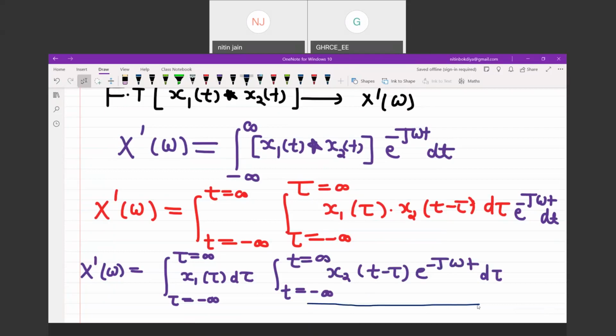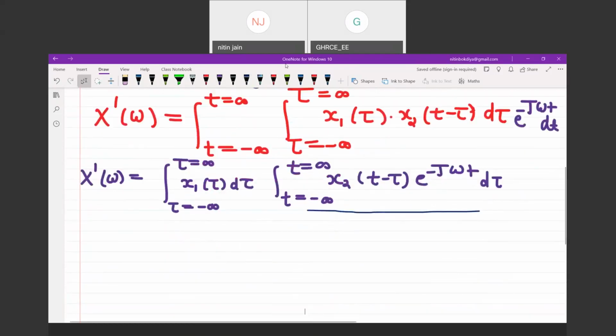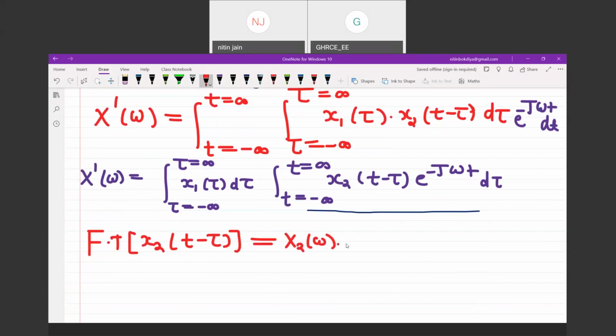What is the replacement? The Fourier transform of x2(t minus tau) can be written as X2(omega) into e to the power minus iota omega tau.